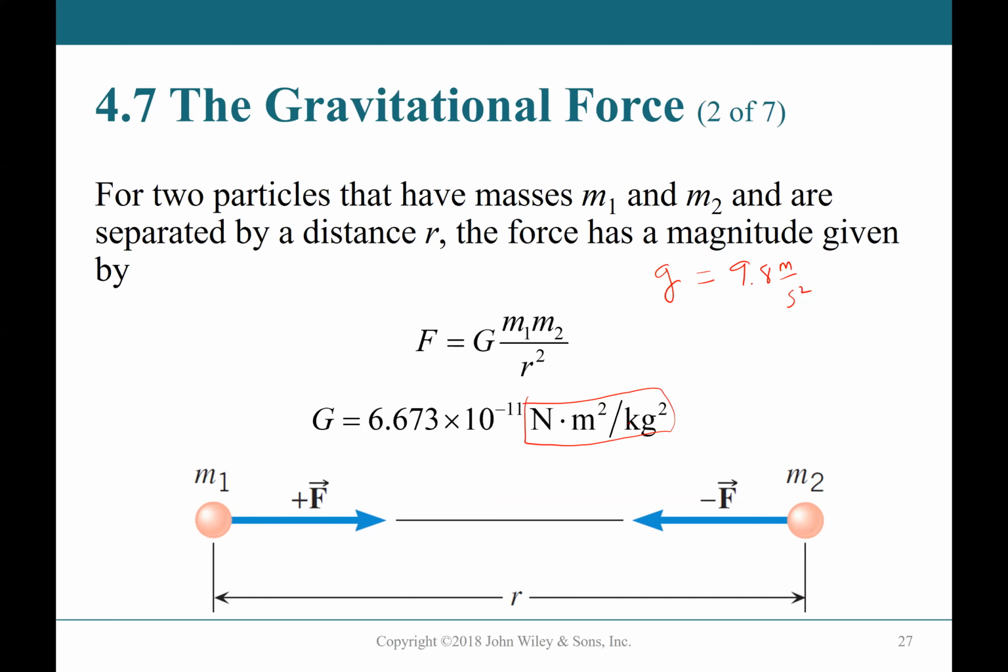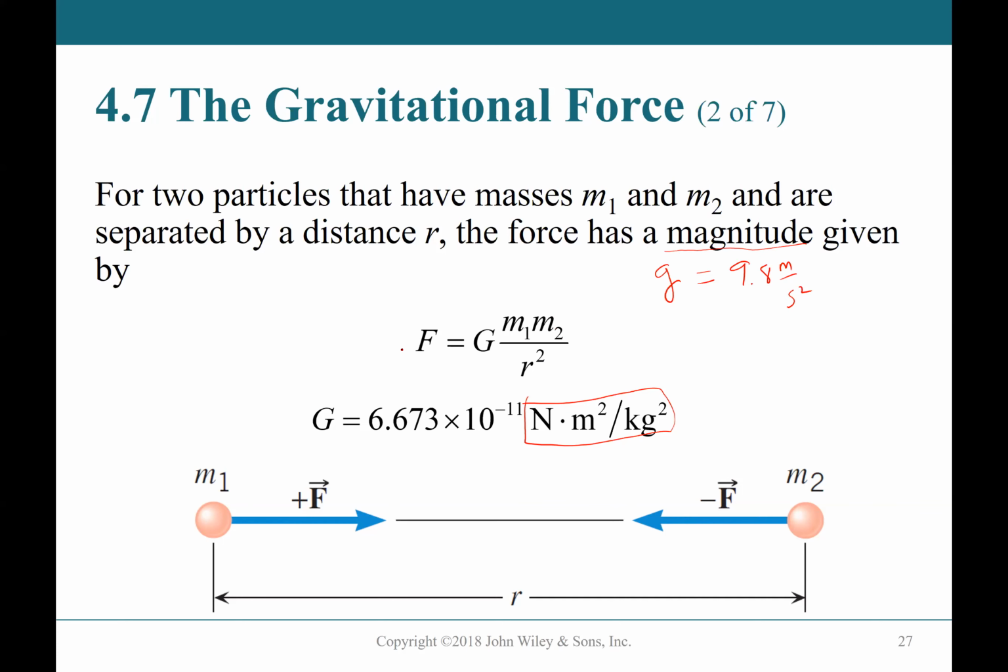So here we have a particle of mass 1, a particle of mass 2. This force is acting to the right. This force is acting to the left. They are separated by a distance r. And if I want to find the magnitude of this force, remember I said magnitude means it's a scalar.